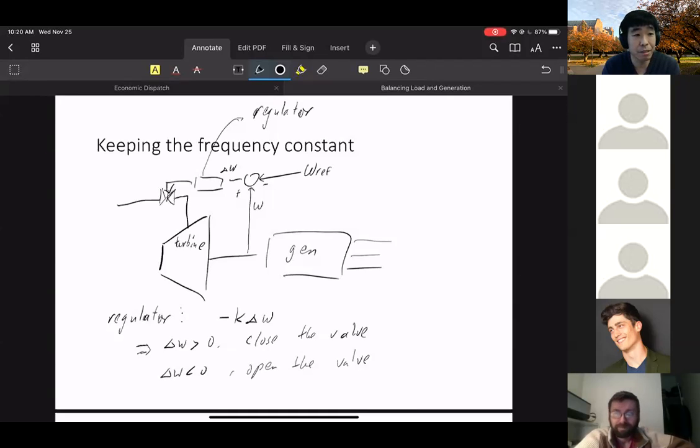If you look at Idaho National Lab, in the past year they went to hack this regulator and show how you can blow up a generator by hacking it.